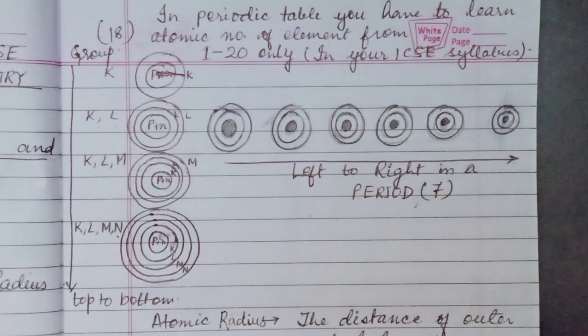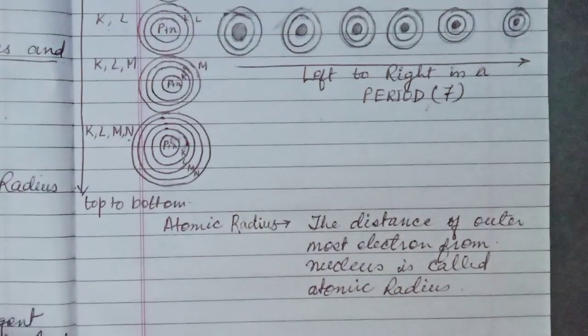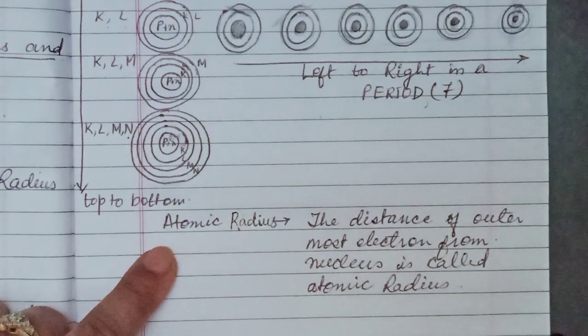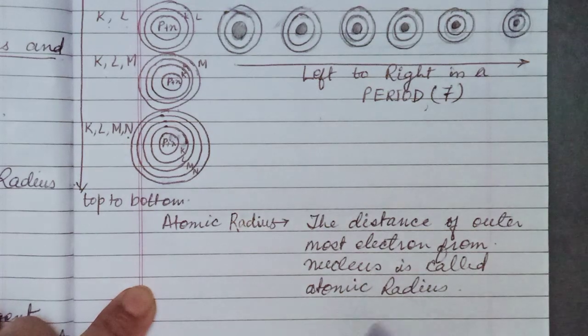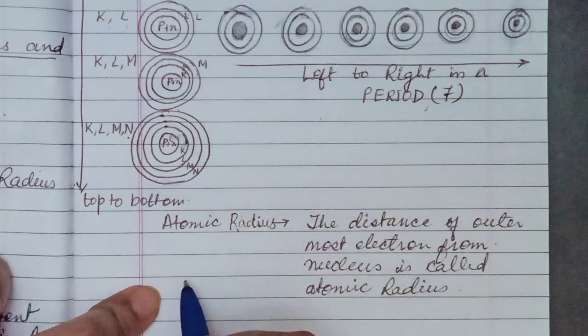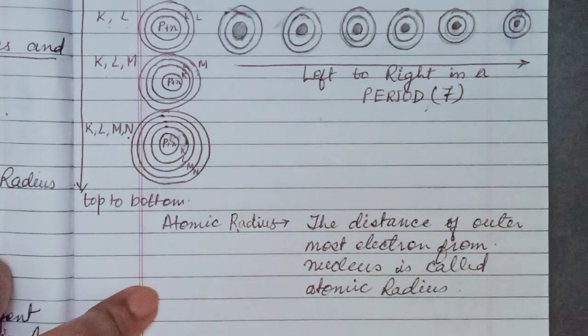Okay, you can see here atomic radius. What is atomic radius? Atomic radius is the distance of the outermost electron from the nucleus. So what is the outermost electron?